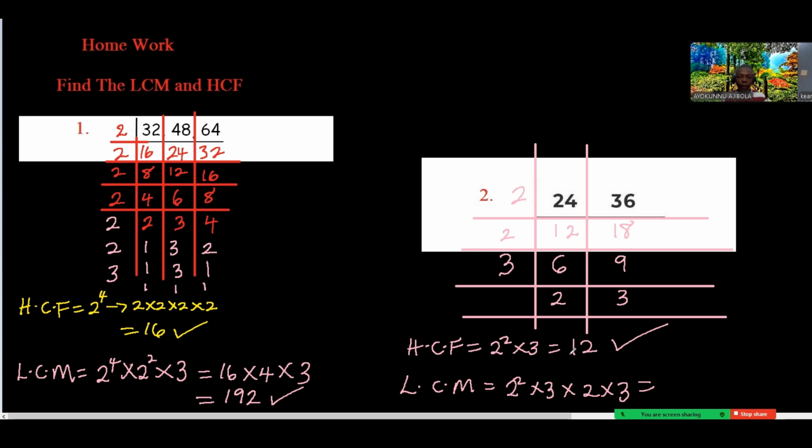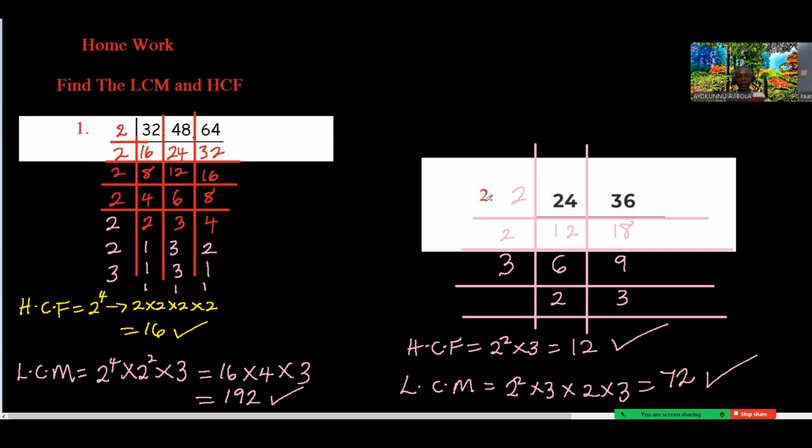Then I have the LCM to be what is 4 times 3? That's 12. 12 times 2 is what? 24. And what is 24 times 3? That's 72. That means the LCM is 72.